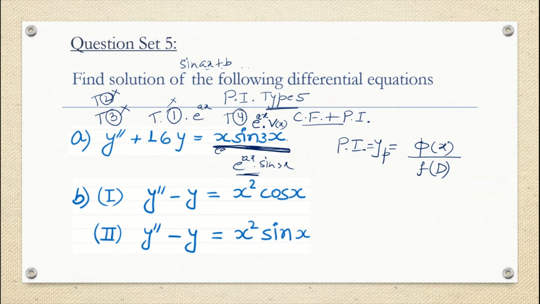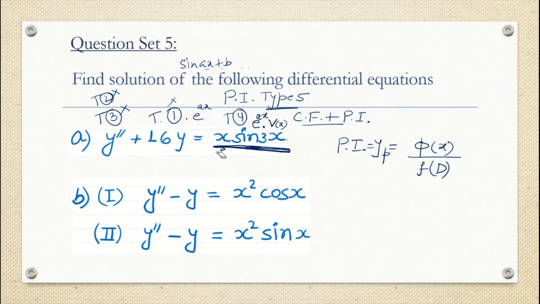Or sinh ax or sinh x with sine 3x is also type 4, because sine hyperbolic is nothing but exponential only, and cosh ax is also hyperbolic, which you can write in terms of exponentials. So this is not even type 4.